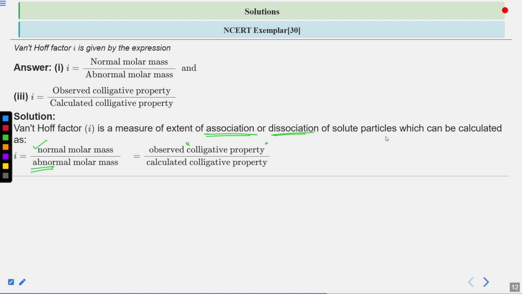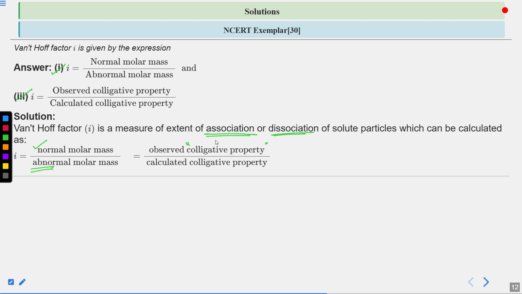So when the solute particles associate or dissociate, the extent of that association and dissociation will be determined by the van't Hoff factor, and you can mathematically express it as i equals normal molar mass upon abnormal molar mass, or observed colligative property upon calculated colligative property. So both option first and third are our correct answer for this question.